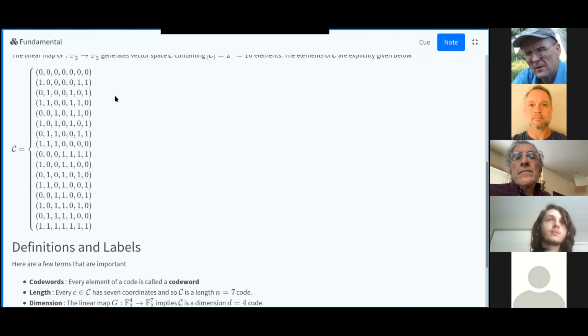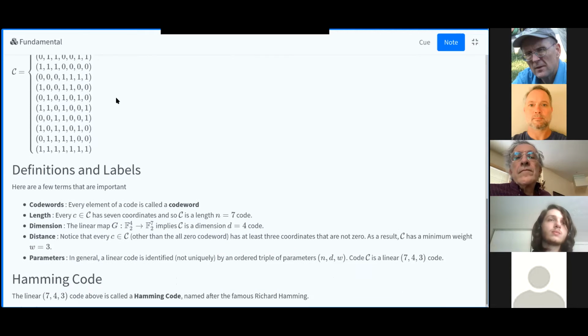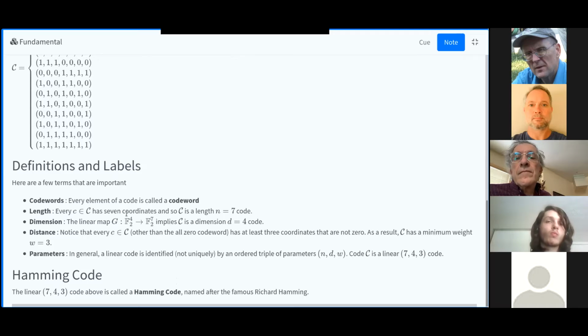There are some that have 4, but the minimum is 3. And so we say the minimum weight of this code is 3. And so we put the coordinates together to call it the Hamming code. We say it is the linear [7,4,3] code, and it's called the Hamming code, named after Richard Hamming.